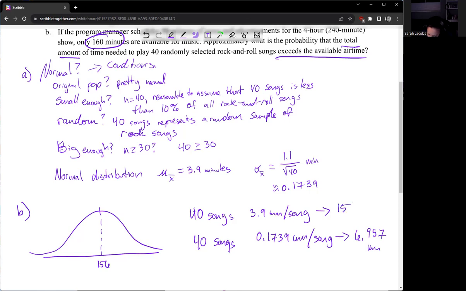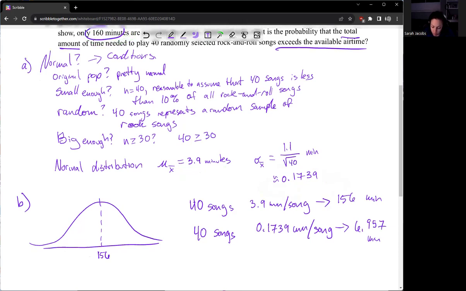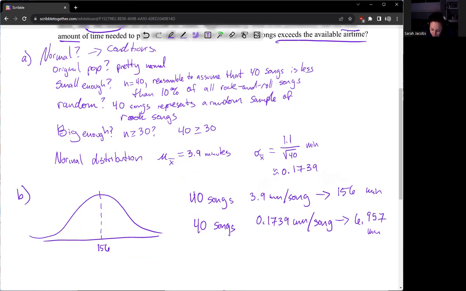So this was 156 minutes. Now, you could bring this back to just the per song. You could do the 3.9 and the 0.1739, and then you just divide that 160 by 40 and go backwards. Either way, this is what makes the most sense to me.